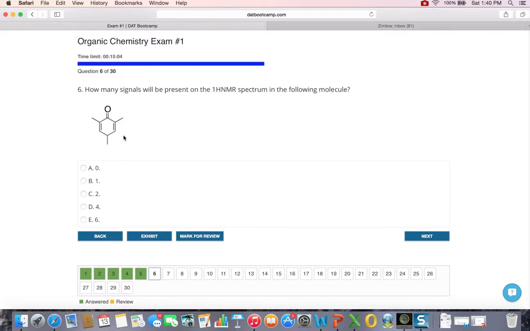Both of these hydrogens would represent a second environment, and these methyl hydrogens would represent a third environment. And there's a fourth one that's bonded right here. In the terse structure, we don't show this hydrogen, but there's a hydrogen right here, which would be a fourth environment, so we're going to pick D as our answer choice.